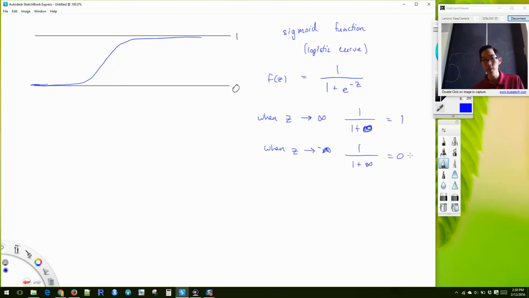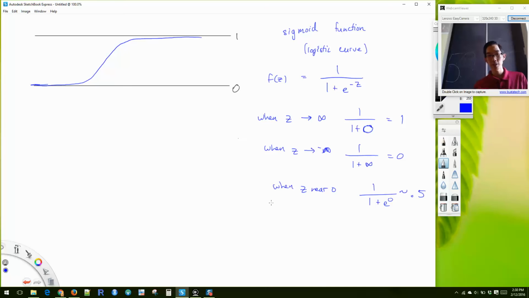Okay, and it's only when z is in this sweet spot range, when z is near 0, that you'll have 1 plus e to some power, e to the 0, so this would be 1, and you get something in between 1 and 0, okay?